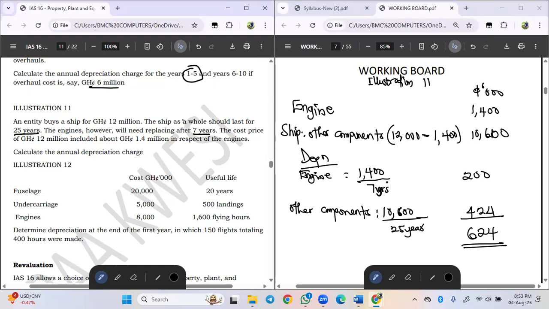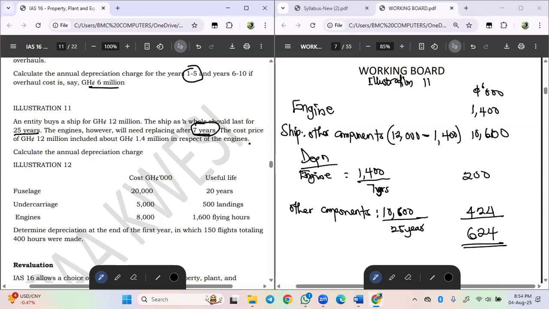So the depreciation will be calculated based on the useful life of the engine and the other component. Now the engine will last for 7 years because they said that it will need replacing every 7 years, or maybe after 7 years. So the engine will be depreciated, 1.4 million over the useful life of 7 years, because that one can only last for 7 years.